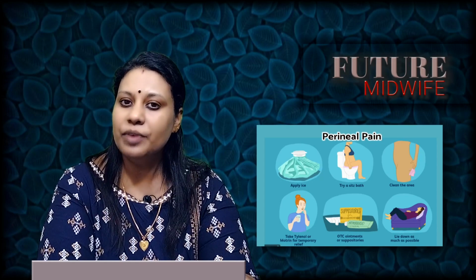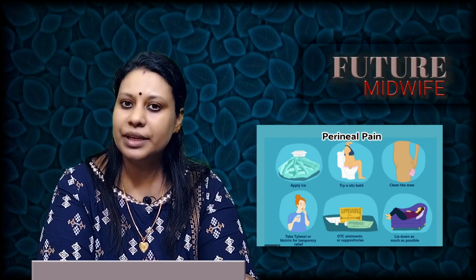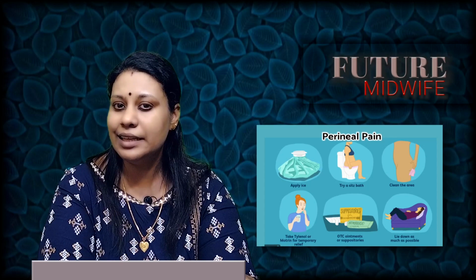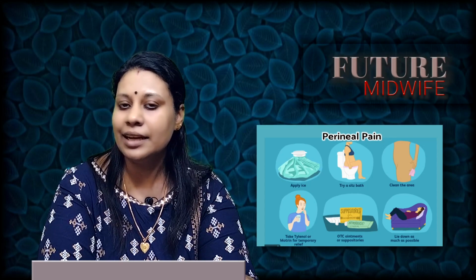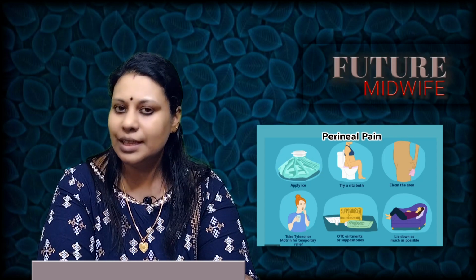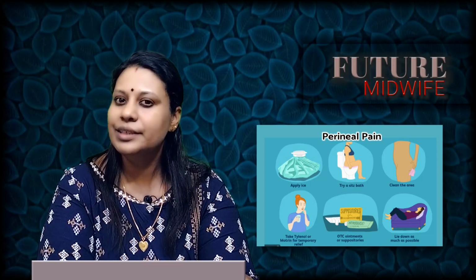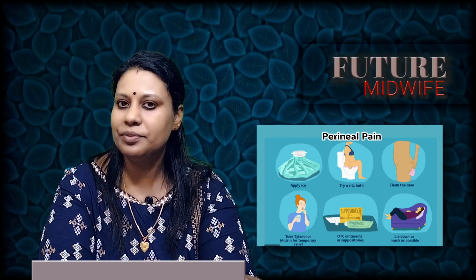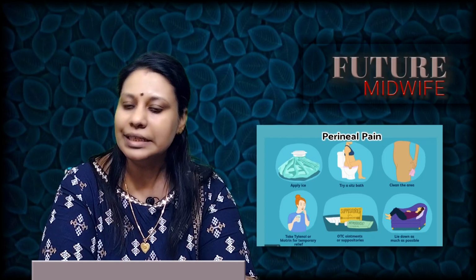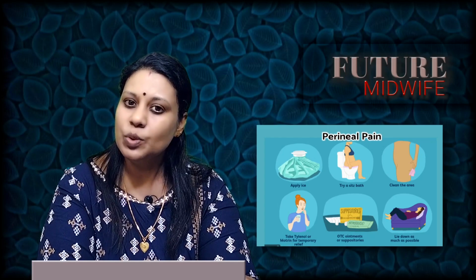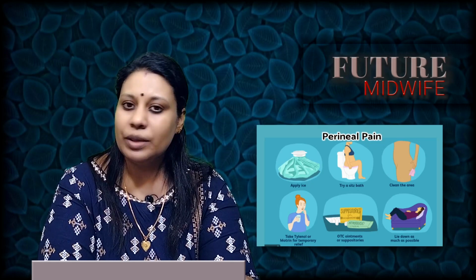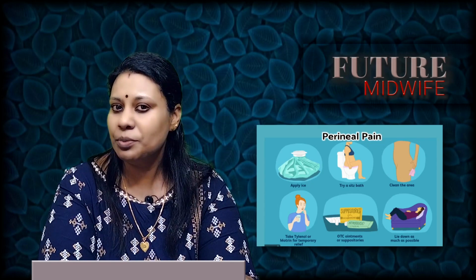While wiping from back to front, there is a chance of spreading microorganisms from the rectal area to the vaginal area, which can contaminate the vaginal area and lead to infections. To avoid that, she should wipe the perineal area from front to back with a sterile towel or sterile tissue. Other than that, we can give a sitz bath. I am not going to explain much more about the sitz bath.